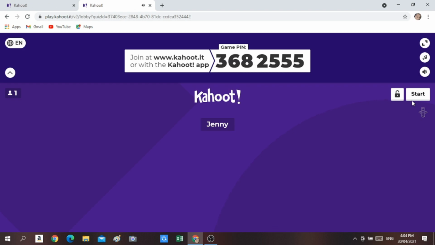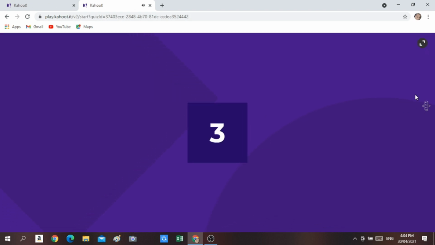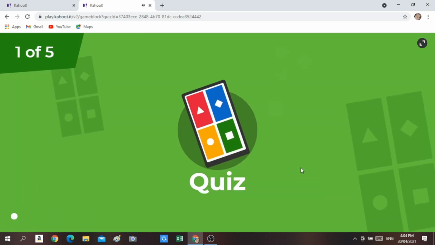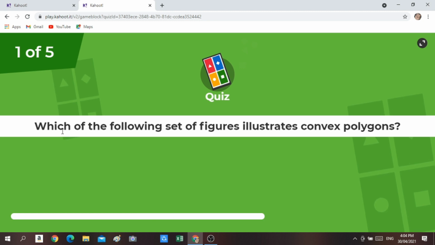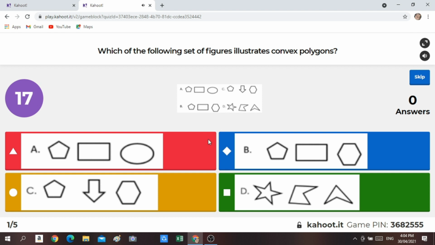Now this time, let's play our Kahoot. I have here a 5-item quiz. First is, which of the following set of figures illustrates convex polygons? Is it A, B, C, or D?